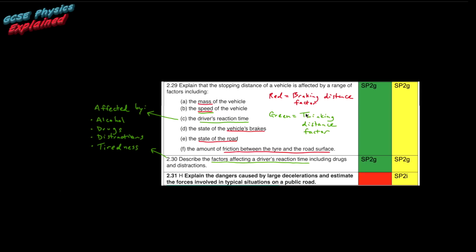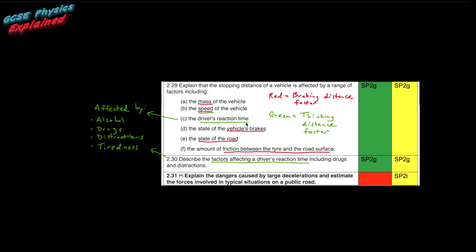So remember, thinking distance factors are things that affect the driver's reaction time. The braking distance factors are those that affect the car's ability to brake. So if it's a car with a bigger mass, that's going to take longer to brake. If you are travelling faster, that's going to make it longer to brake, but also you will travel further in your thinking distance time if you are going faster.